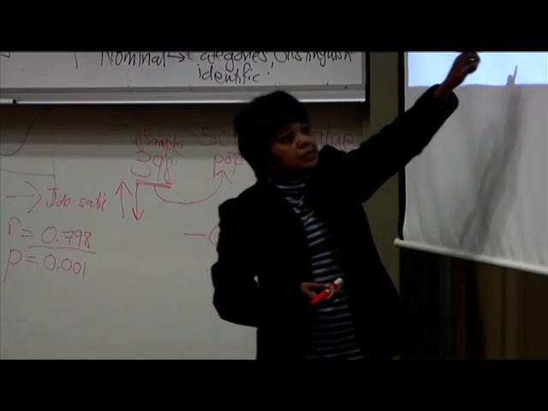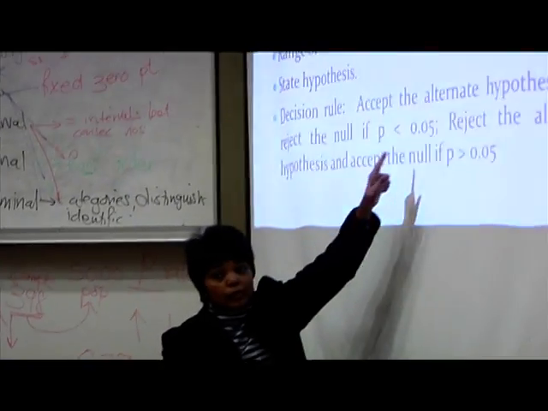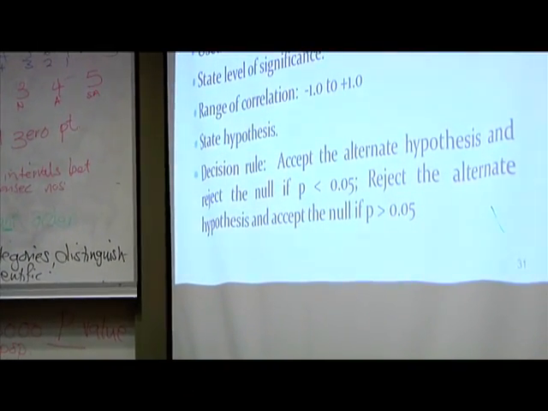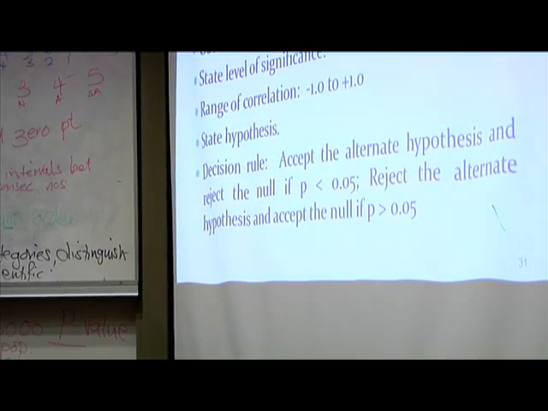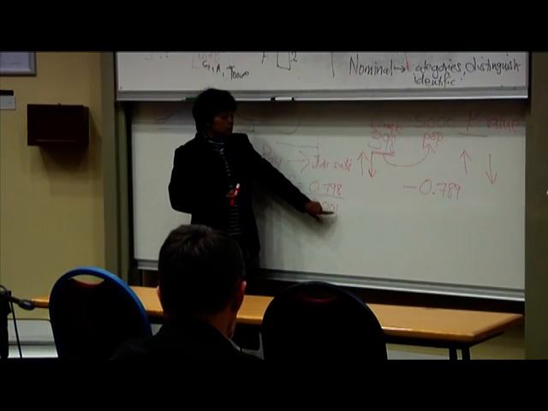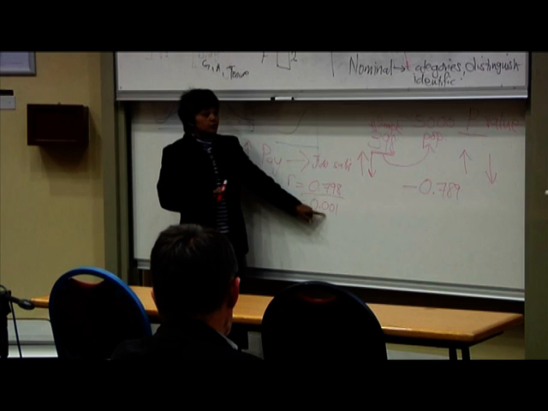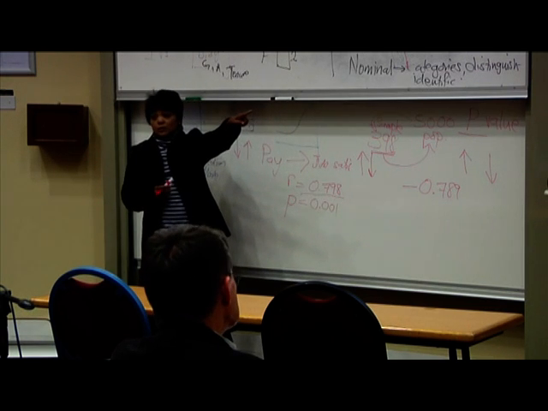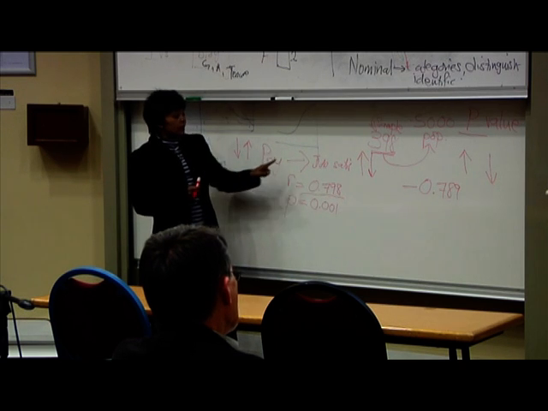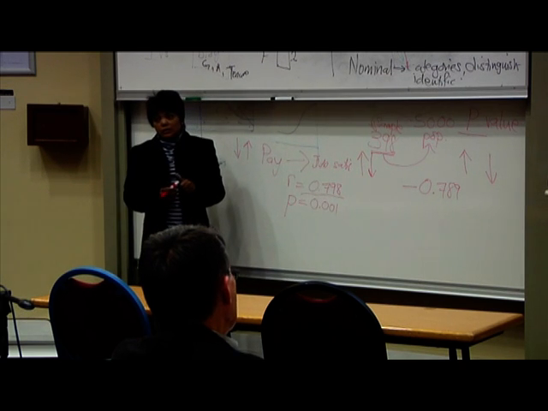We know that in terms of the p-value. If p is less than 0,05, then there is a significant relationship. Now, if we look at our p-value, it's 0,001, and 0,001 is less than 0,05. So there is a significant relationship between pay and job satisfaction.